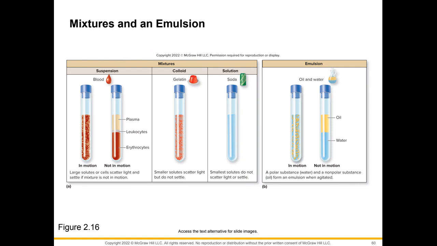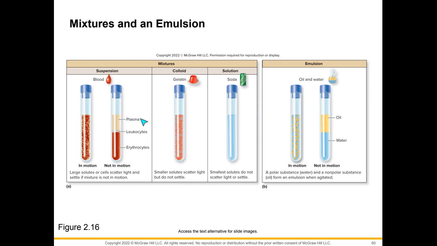Here is an example of blood. If you take the blood out and spin it, which is something we do in the lab in 302, you will separate the blood into 3 fractions.